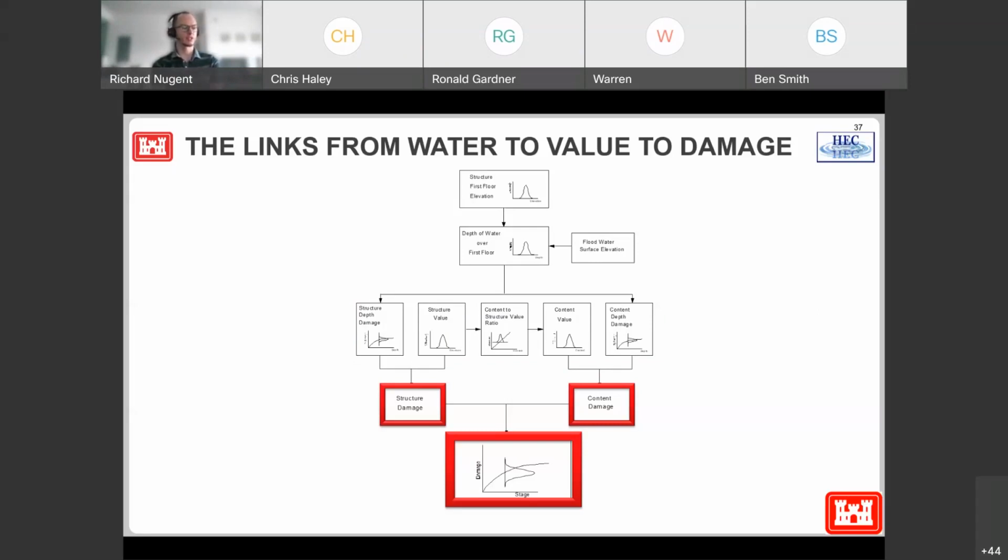And imagine that distribution as hopping out of the slide, right? So we're using a Z coordinate there to show the distribution of damage for the stage at the horizontal line. Okay, so this is the link between water to structure and content value to structure and content damage to damage for that elevation of water.